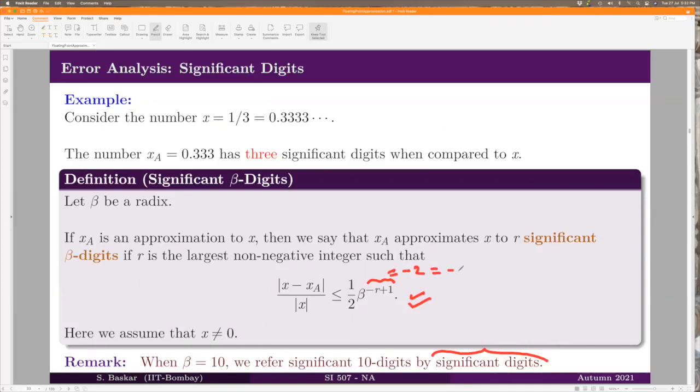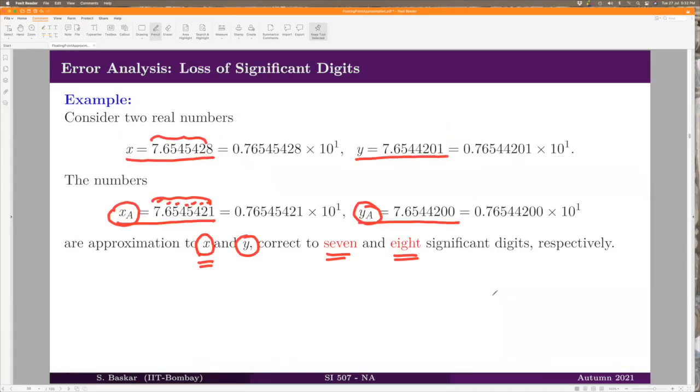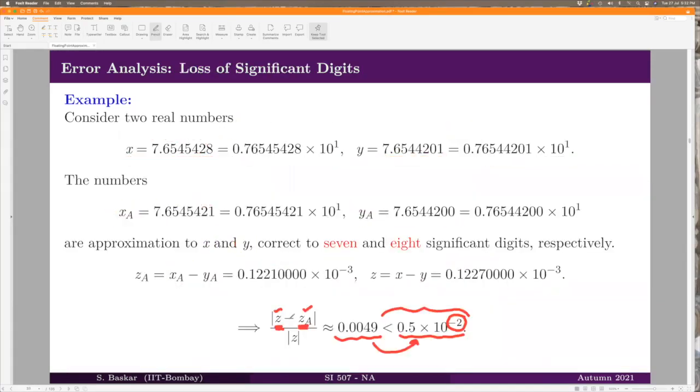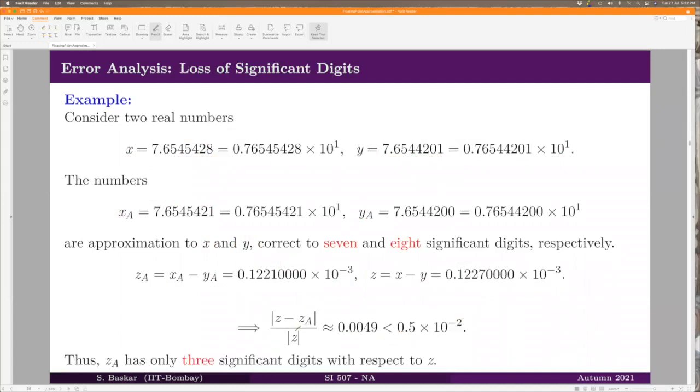Therefore, that should be equal to minus r plus 1. That tells us r is equal to 3, right? So we have 3 significant digits in za when compared to the true value z.